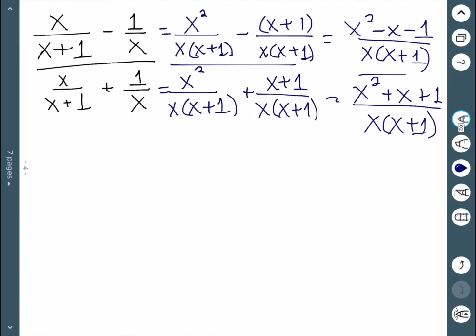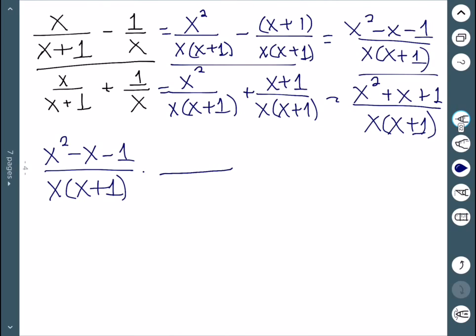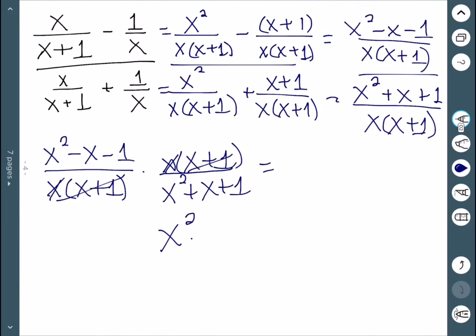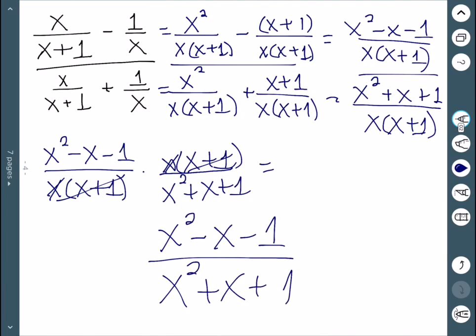So when I divide these, my top fraction, (x squared minus x minus 1) over x times (x + 1), and then we multiply and we flip the second fraction, x over (x + 1) over (x squared plus x plus 1). And we can see that the x's and the (x + 1) cancel. On the top, I'm left with x squared minus x minus 1, and on the bottom, x squared plus x plus 1.